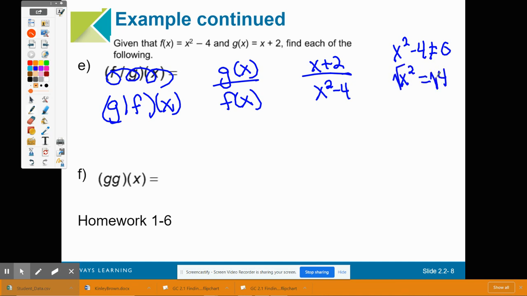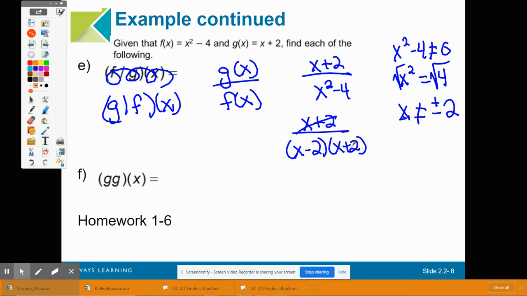When you square root both sides, x cannot equal plus or minus 2. So there's two things that could break the machine. You would still have to factor this. That's x minus 2 times x plus 2. When those x plus 2's cancel, you have to put a 1 in its place, and that would give you 1 over x minus 2. So that's just another extra practice problem.